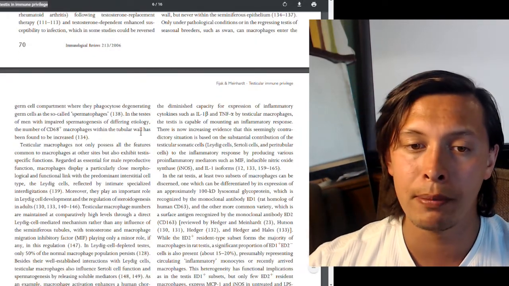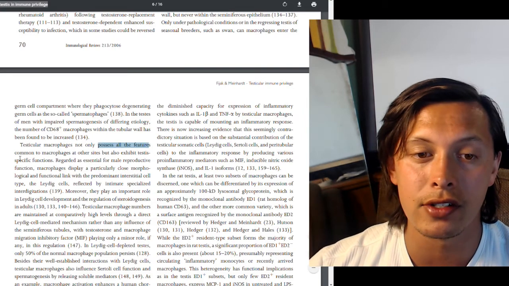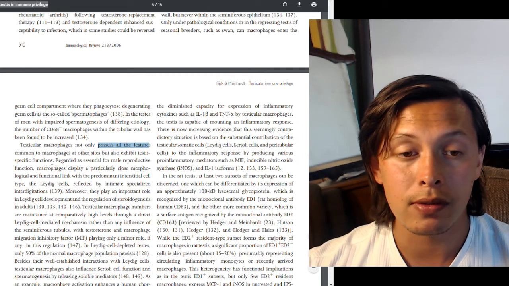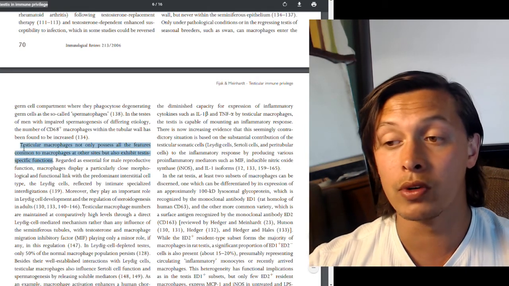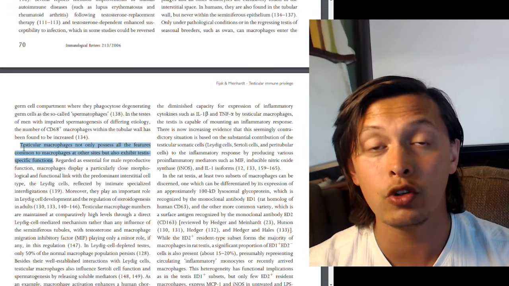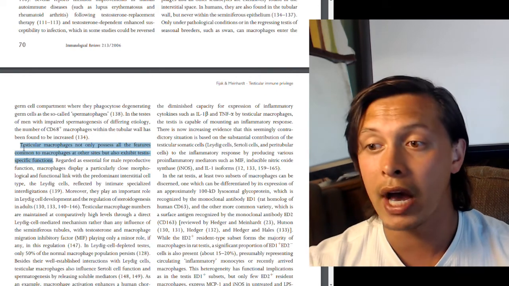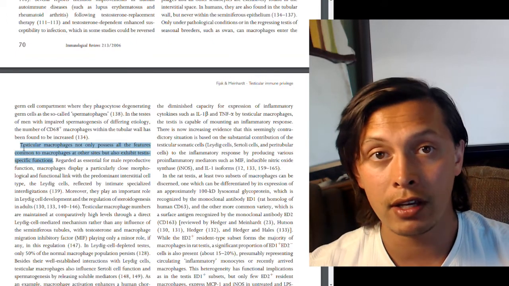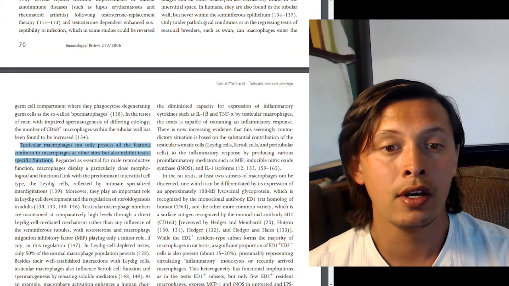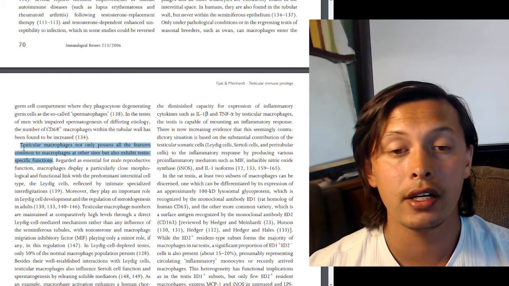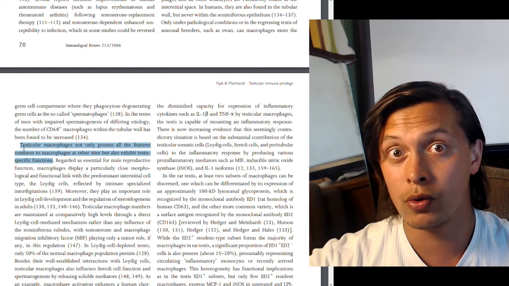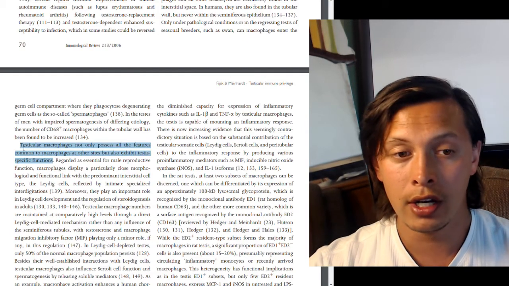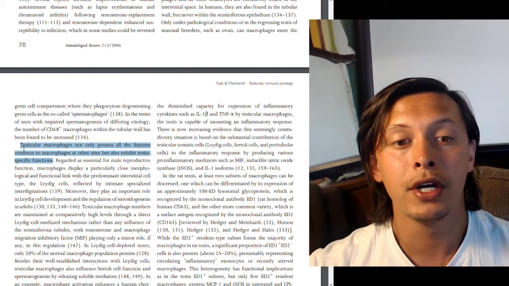Continuing: testicular macrophages not only possess all features common to macrophages at other sites, but also exhibit testis-specific functions. So what we're saying here is that not all immune cells are the same. You have a distribution of immune cells throughout your entire body, and some of the immune cells in the testes are not only similar to immune cells that you can find all over the body, but they also have additional functions associated with them.